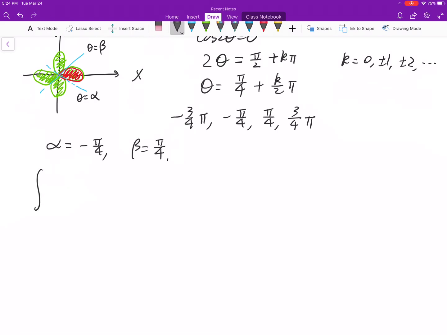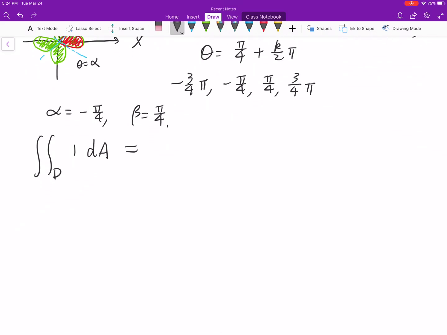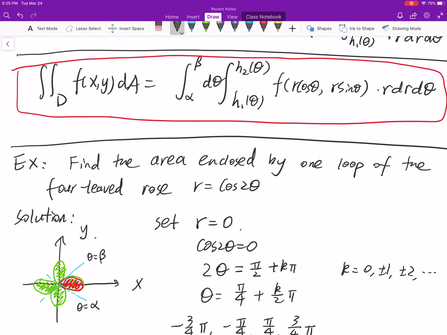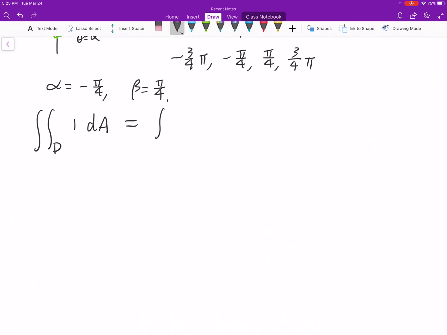Okay, therefore the area, first we use the geometric meaning for the area. This is an integral of 1 over domain D. Then when we use the formula here, we can write it down as follows.